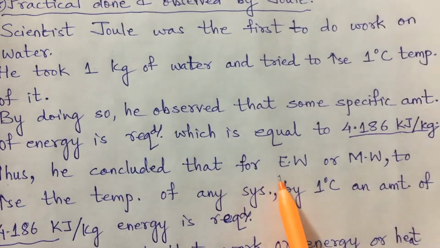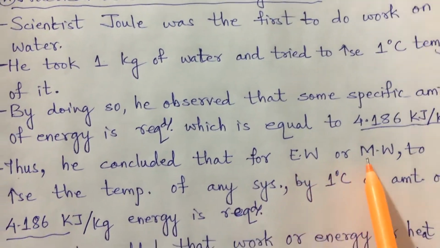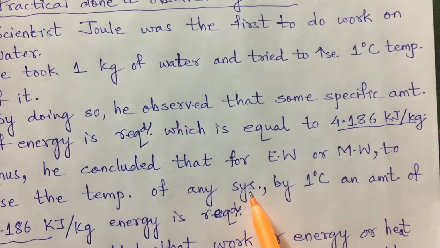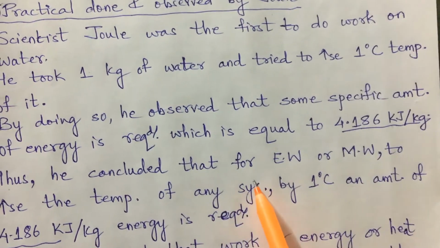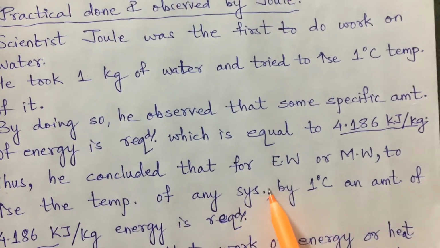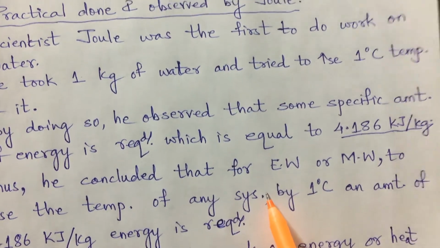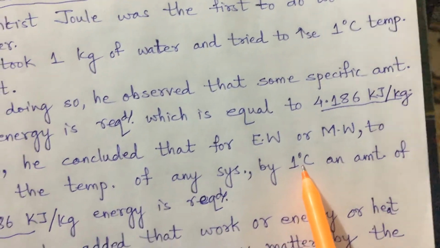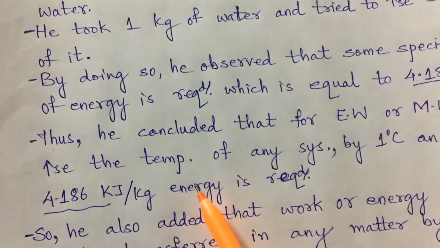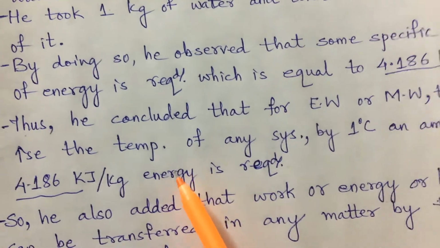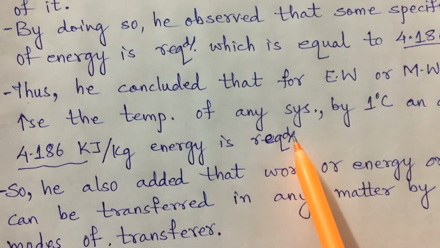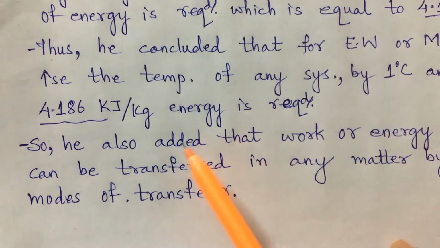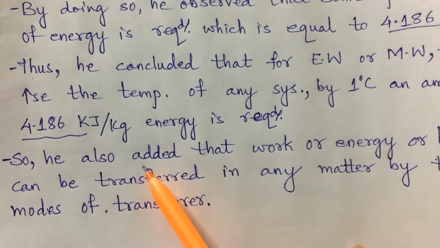Thus, he concluded that for electrical work or mechanical work, to increase the temperature of any system, that means other than water, if any other reactants are taken, then for all such systems, to increase the temperature by 1 degree Celsius, an amount of 4.186 kilojoule per kilogram energy is required. This he concluded by doing a series of practicals, right, which he started from 1 kilogram of water.